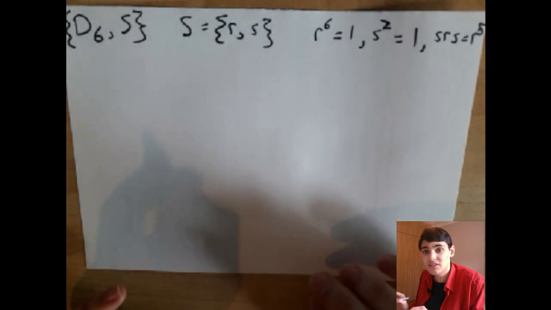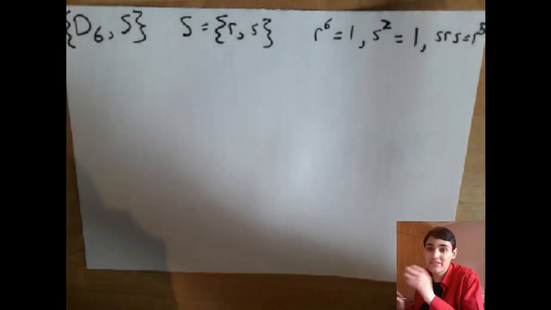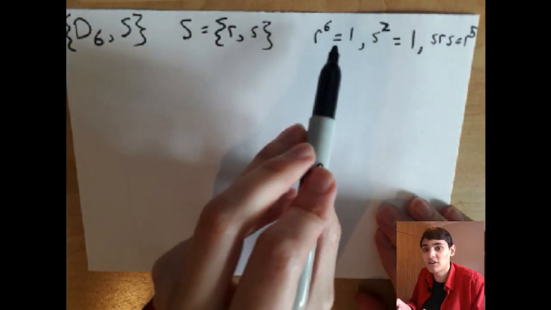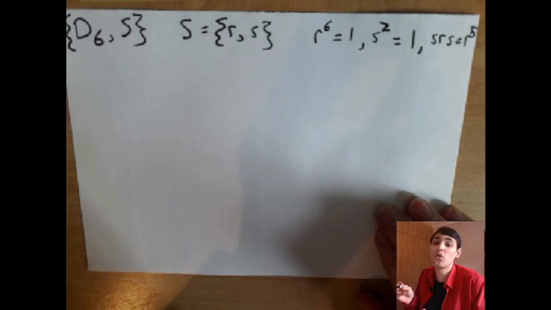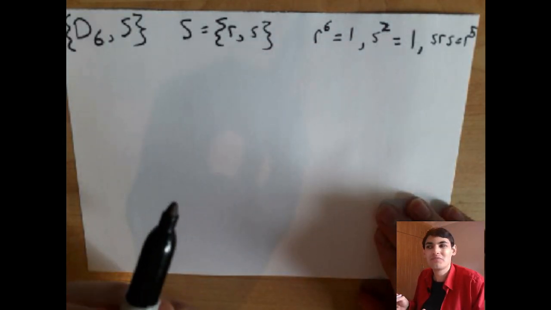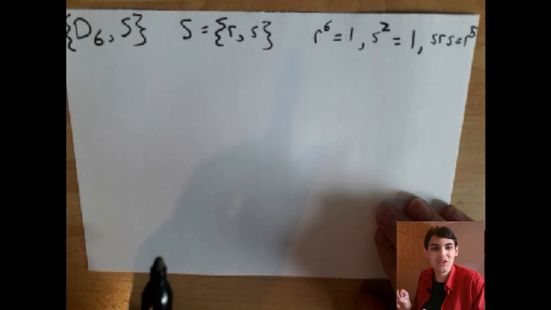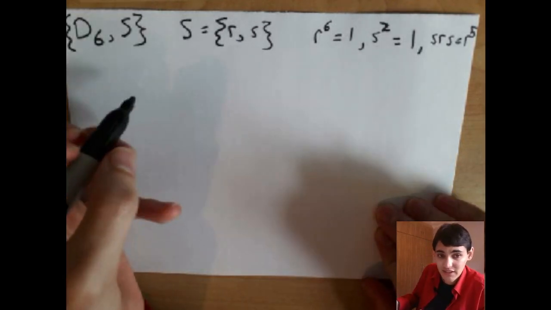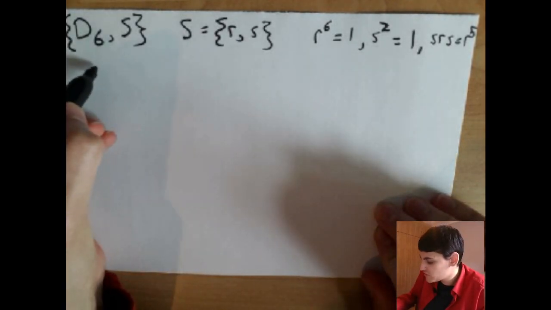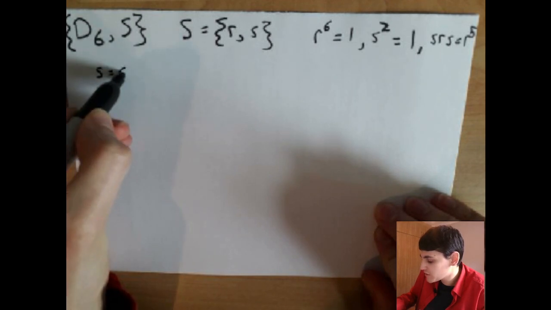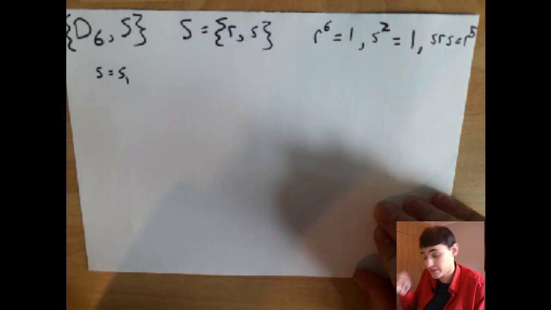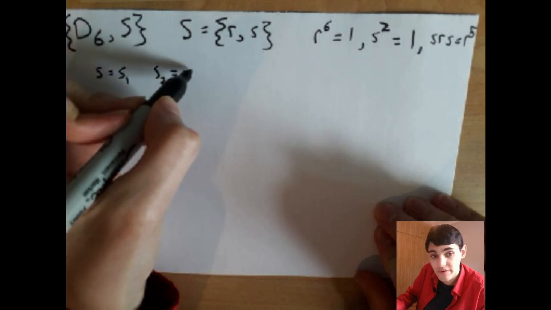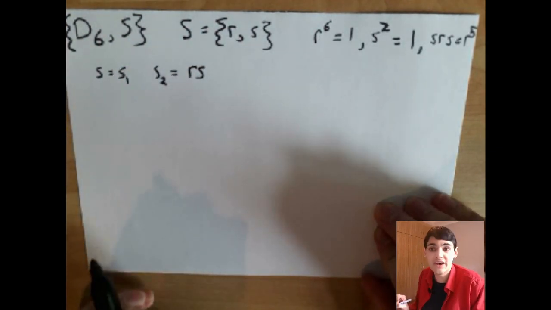You can see very quickly this is not a Coxeter group, because r is a generator, but r to the 6 equals 1, so it does not have order 2. What we can do here is make it a Coxeter group. So let's change it: we'll call little s s1, and we'll say that little s2 is the reflection rs.